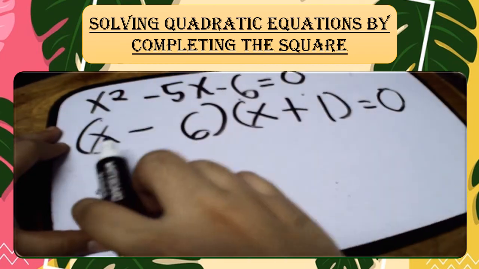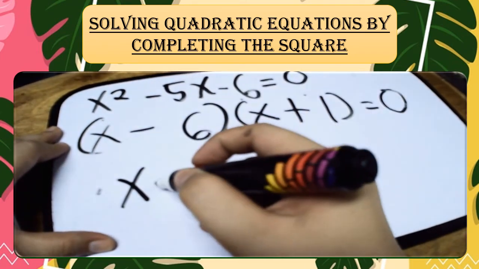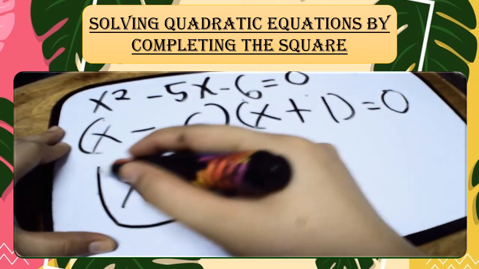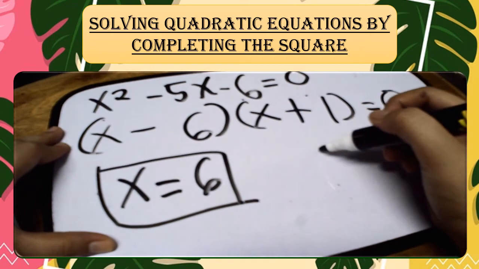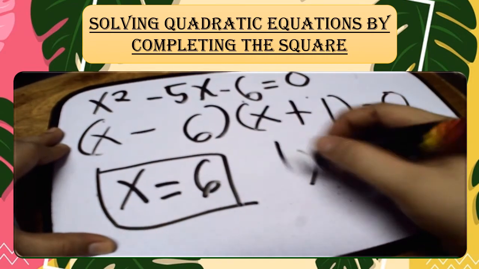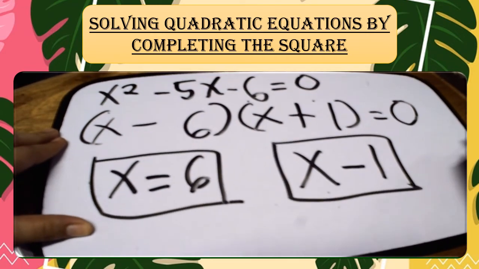So for example, we have x minus 6. x now will be positive 6. Next, x now will be negative 1. Therefore, the answers are 6 and negative 1.